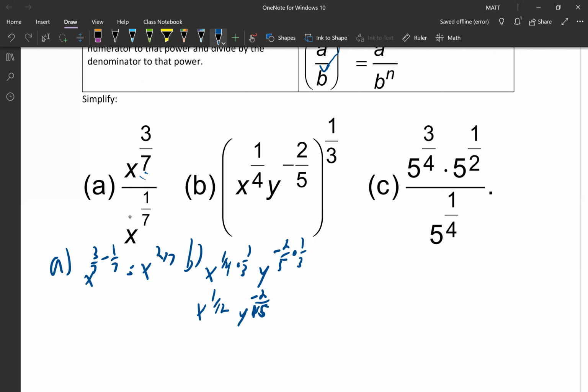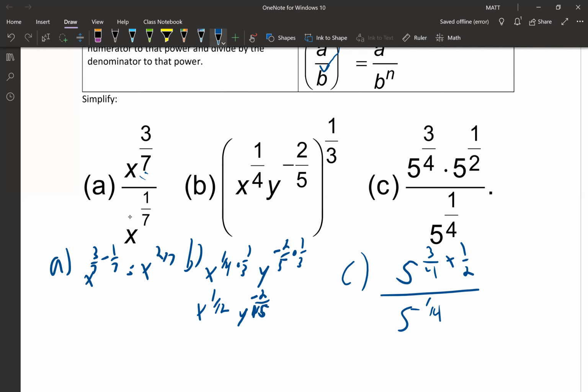Okay. And then we can do something similar to C. So this one, notice we have the same base on the top and we're multiplying them together. Since we're multiplying them together, we can add the exponents. So on the top, we'll get 5 to the 3/4 plus 1/2 power, and that's still over 5 to the 1/4 power.